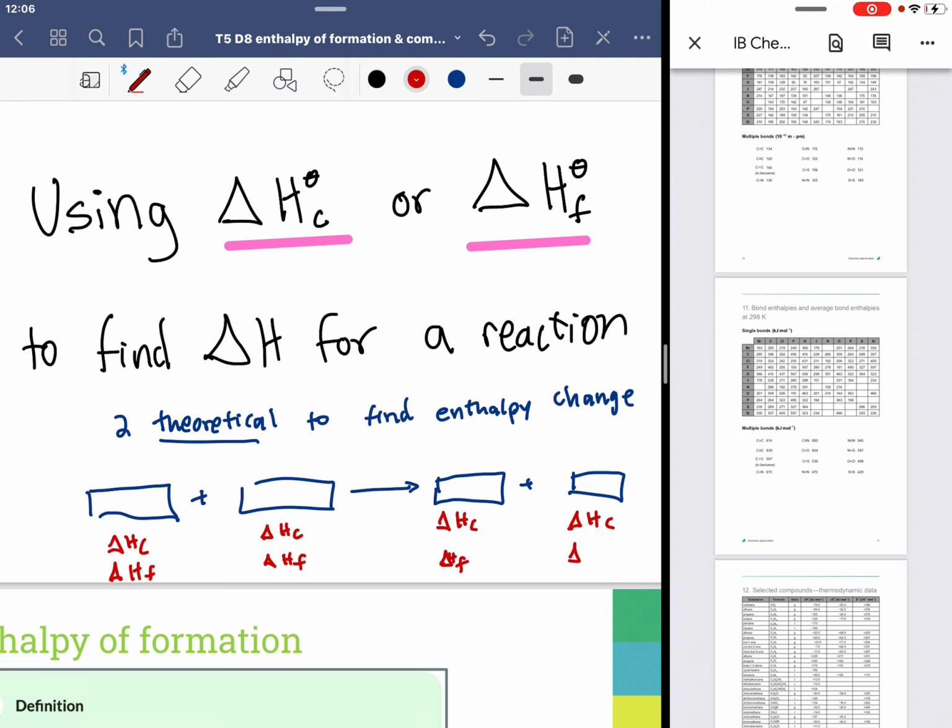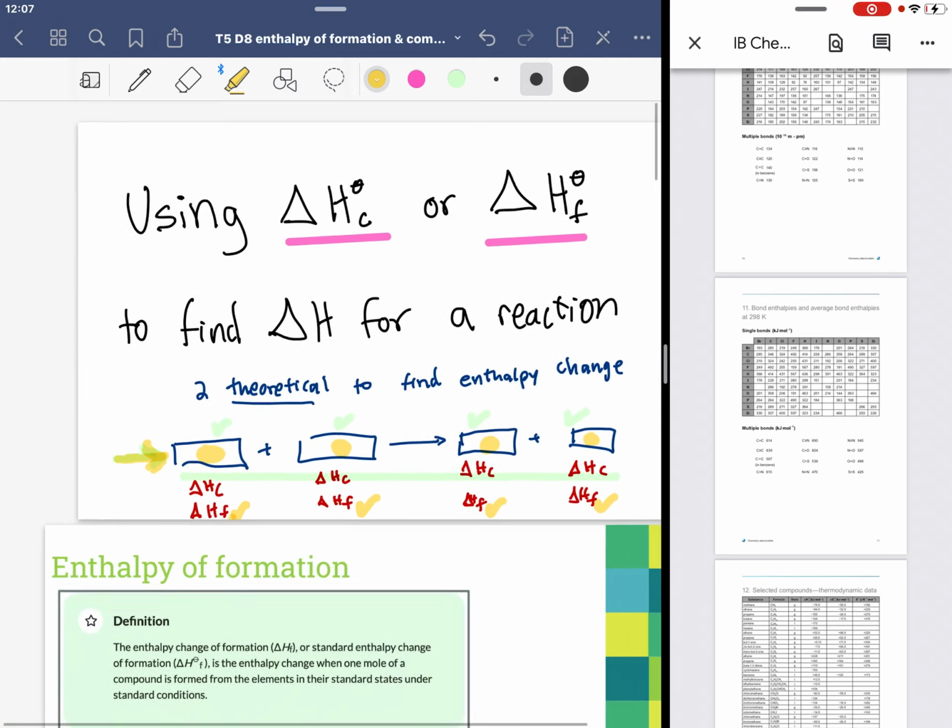So the idea is that you get either the delta H combustion data of each of these individual things, and use that to find the enthalpy change for the overall reaction, or you get the delta H formation for each individual reactant or product molecule, and you can combine those to find the enthalpy change for the overall reaction.